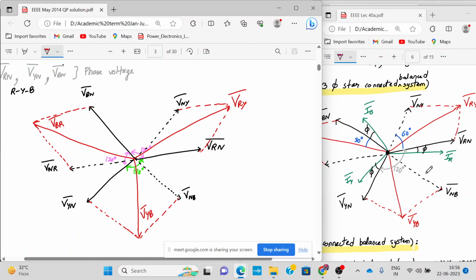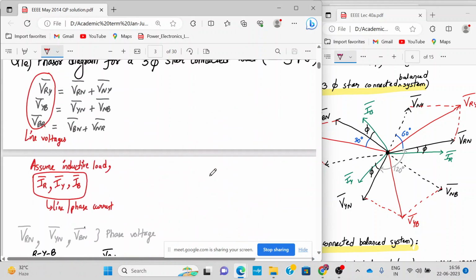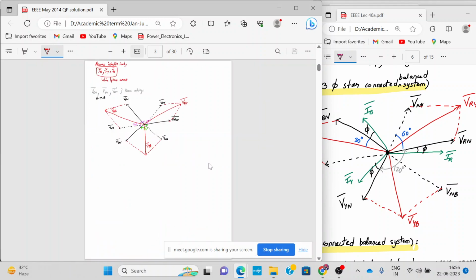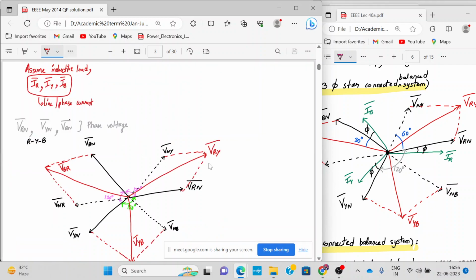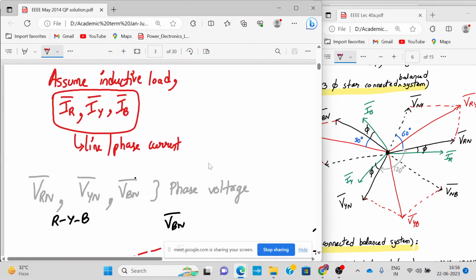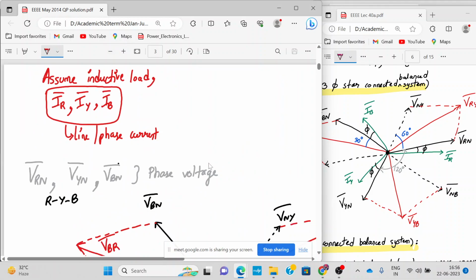Now, they have given an inductive load. So in an inductive load, tell me, is the current leading the voltage or lagging the voltage? Current is lagging behind the voltage, right?